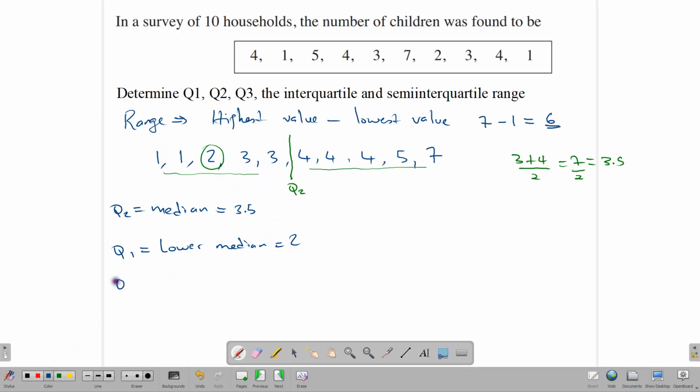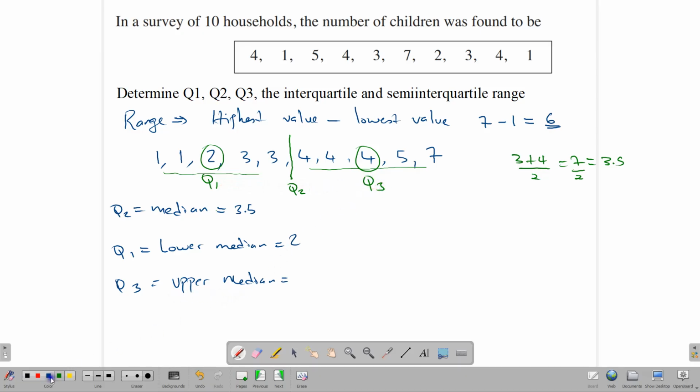We can also look at the upper median, which is our Q3. When you look at the top half of the data, we realize that the middle number here is 4. So this is your Q1, this is your Q2, this is your Q3.